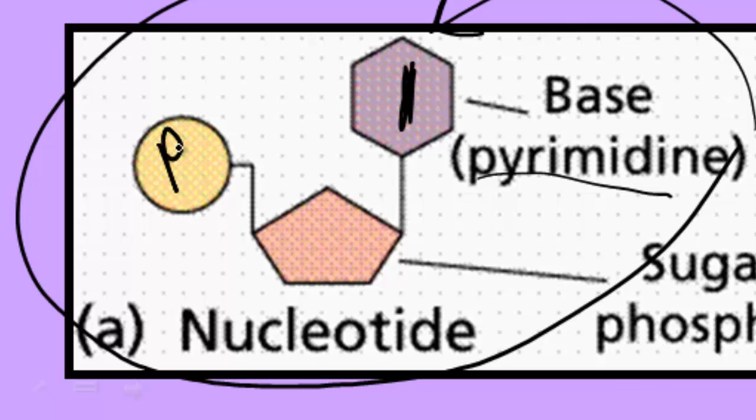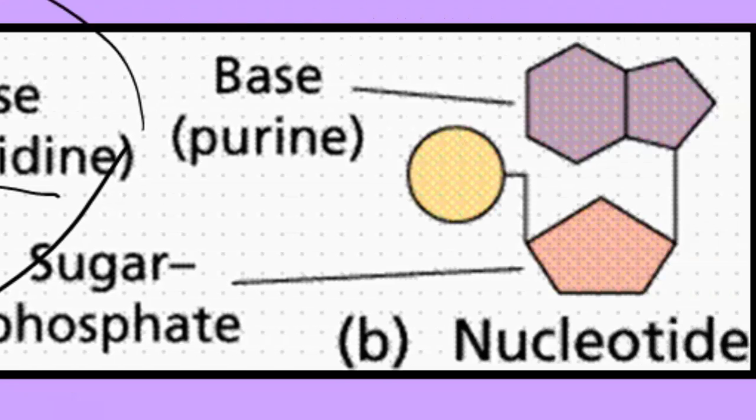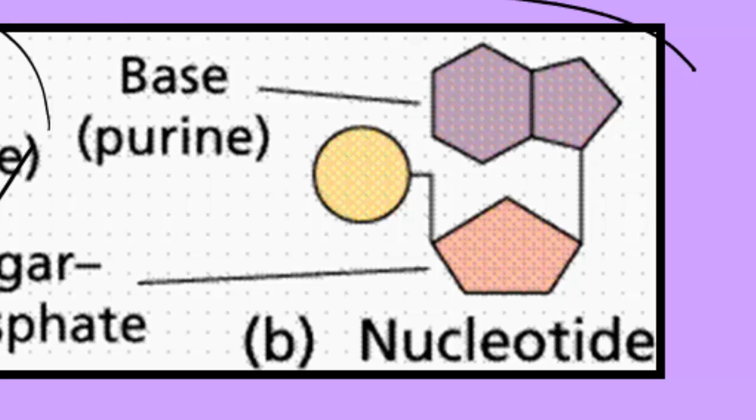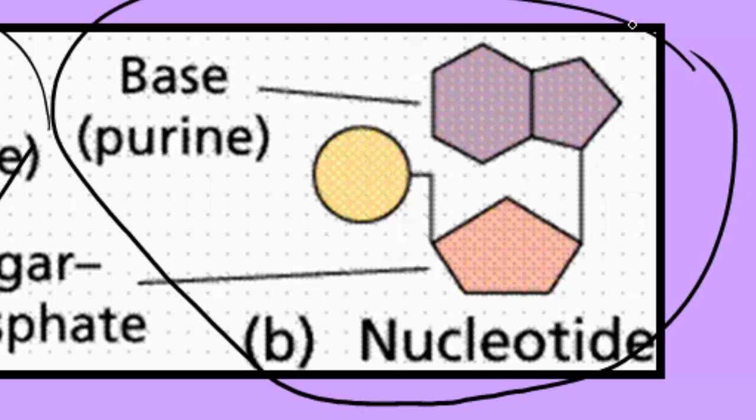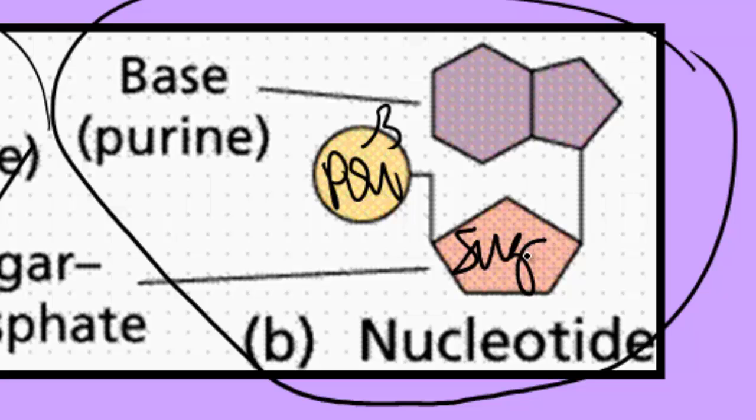So you have a phosphate group here, you've got a sugar here, and then you've got this base that only has one ring on it. If you look at a nucleotide with a purine, notice again, here's the phosphate, the sugar, and here's the nitrogen base. It's a purine because it has two rings attached to it.